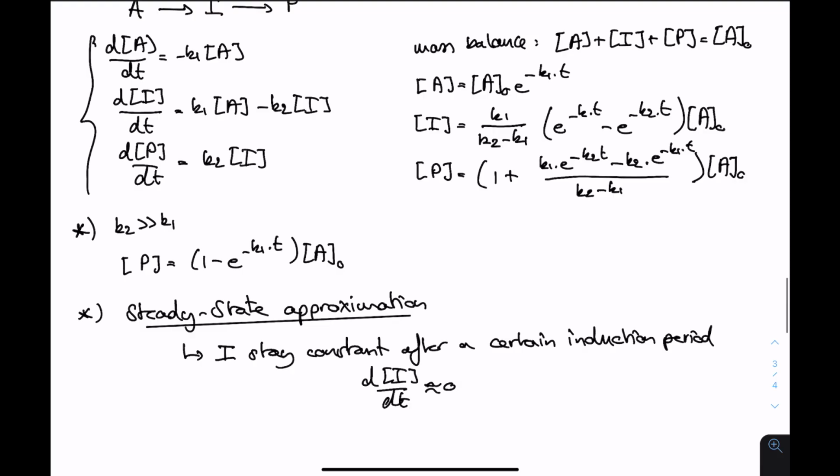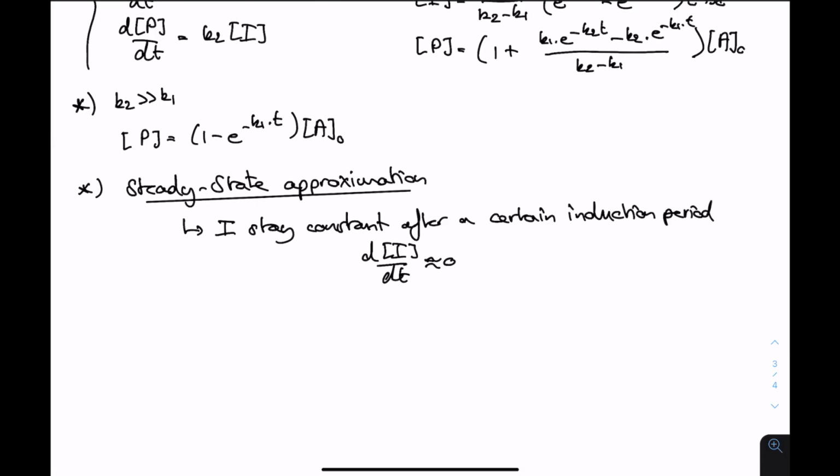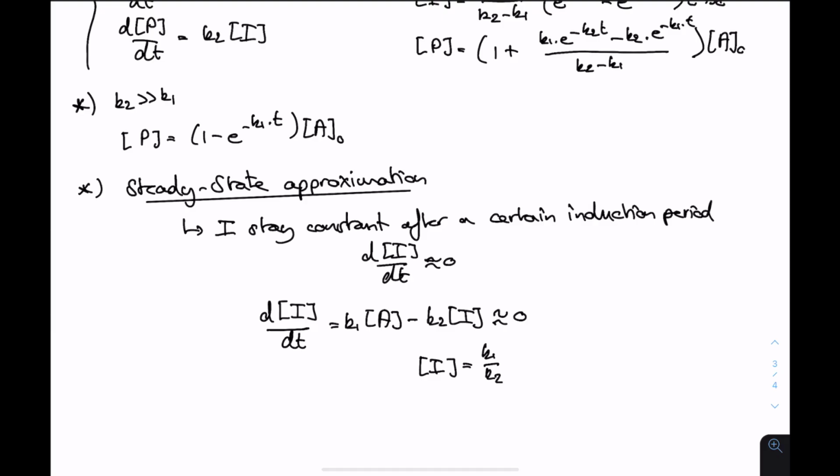So what happens if we look at this equation where we set this approximation? We say dI/dt is K1 times A minus K2 times I, which is roughly 0. So I is K1 over K2 times A.